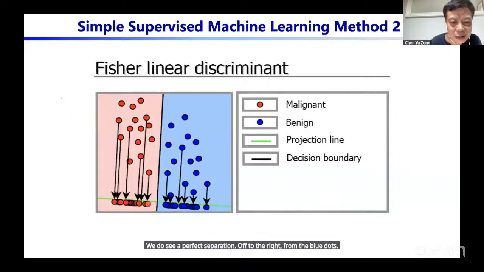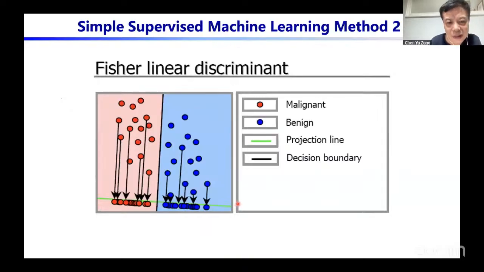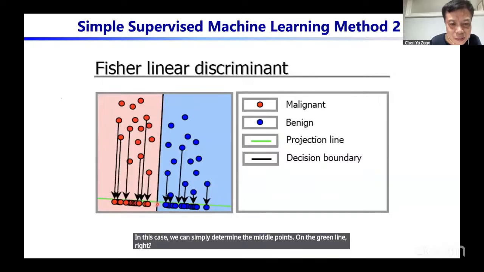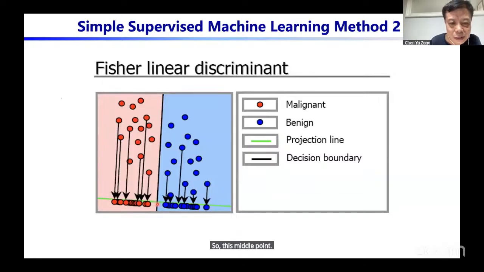We can simply determine the middle point on the green line, and starting from this middle point, we can easily draw a line perpendicular to the green line that passes through that middle position.